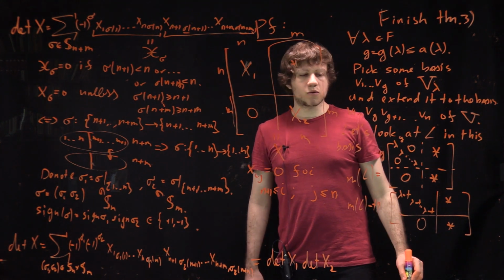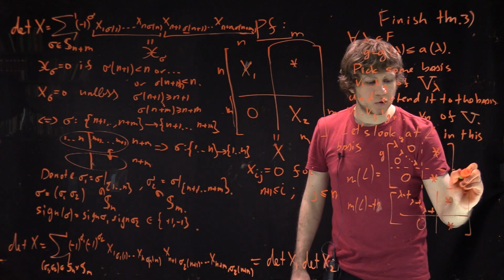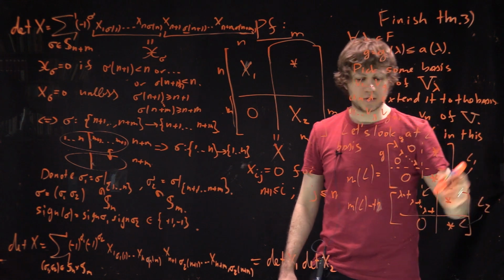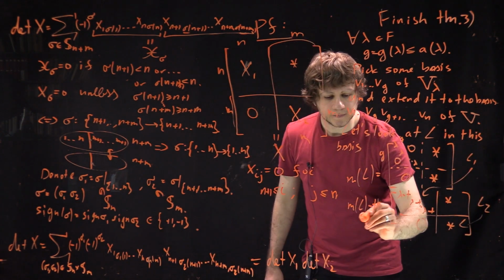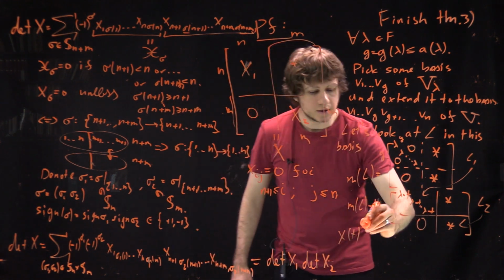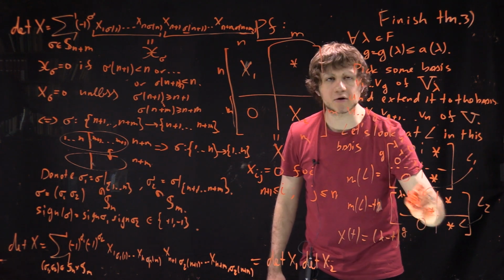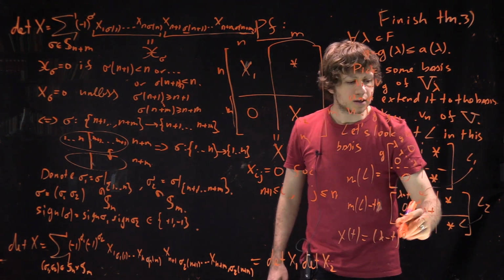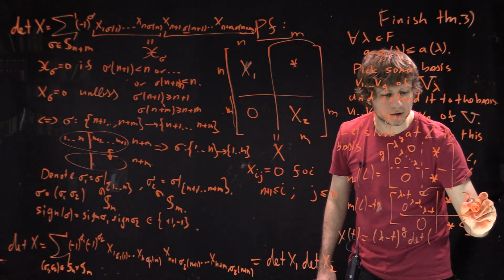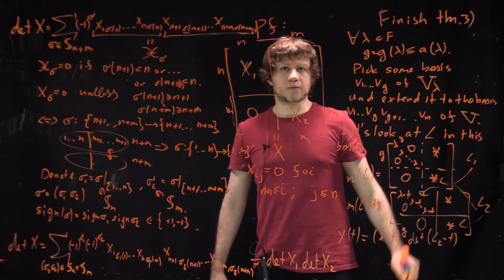Let's call this block L1 and this block L2, exactly like in the notation before. Then the characteristic polynomial of t will be the product of two determinants: lambda minus t to the power g, because this is just a diagonal matrix, everything else is 0, times the determinant of L2 minus t, which is some polynomial.